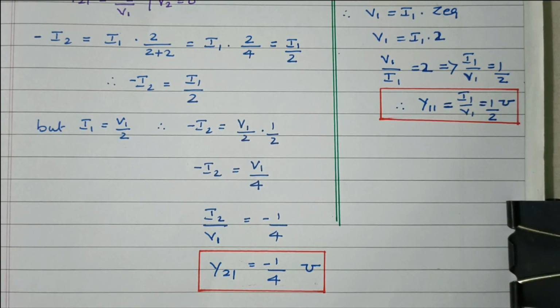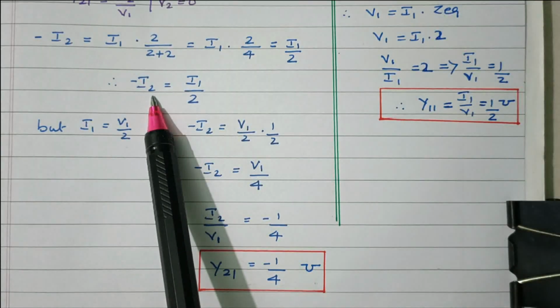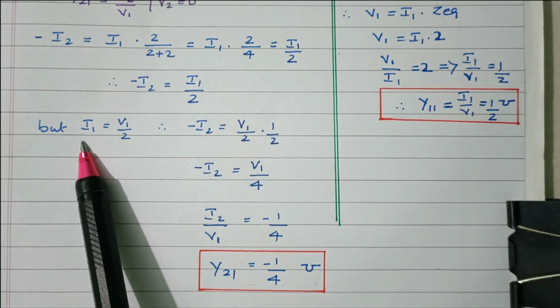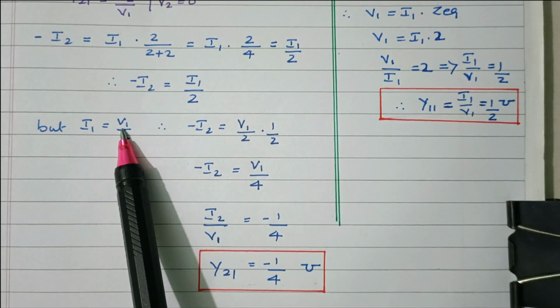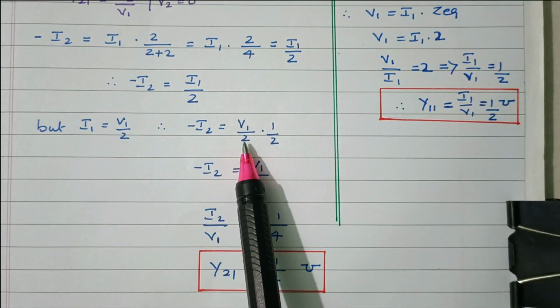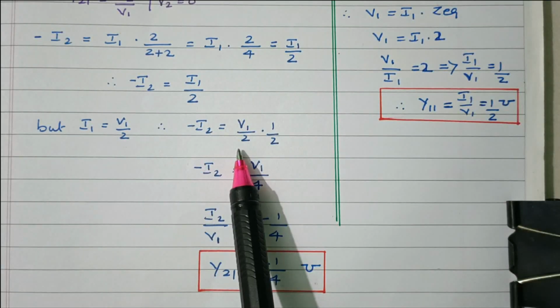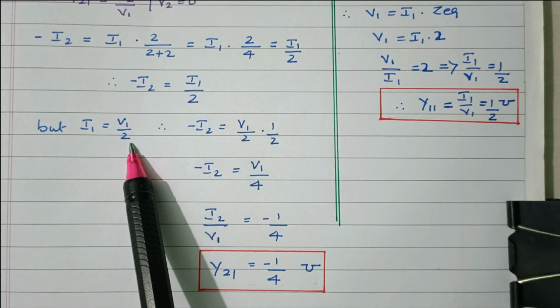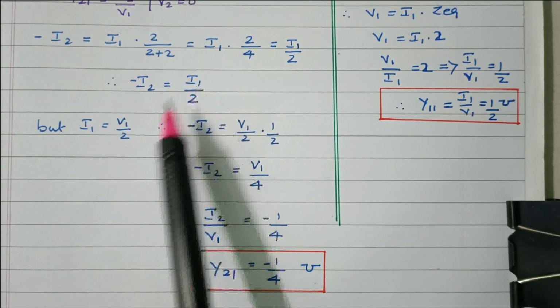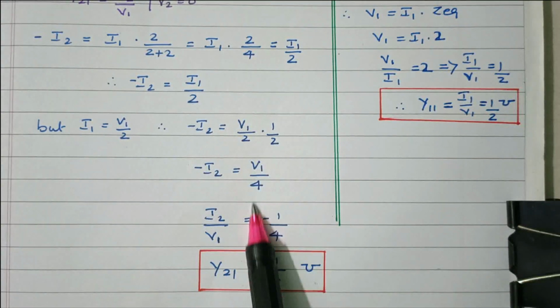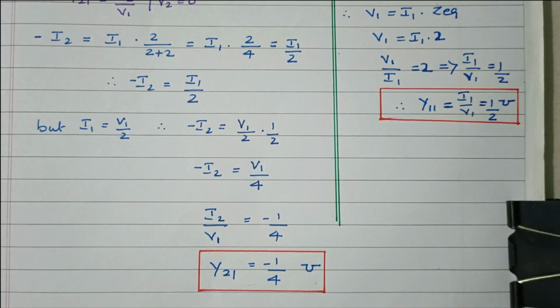Right? So we calculated I2, and for I1, this V1 value is substituted. This I1 is replaced by V1 by 2, and then we calculated the value. So the first step, we short circuited the output port BB dash.